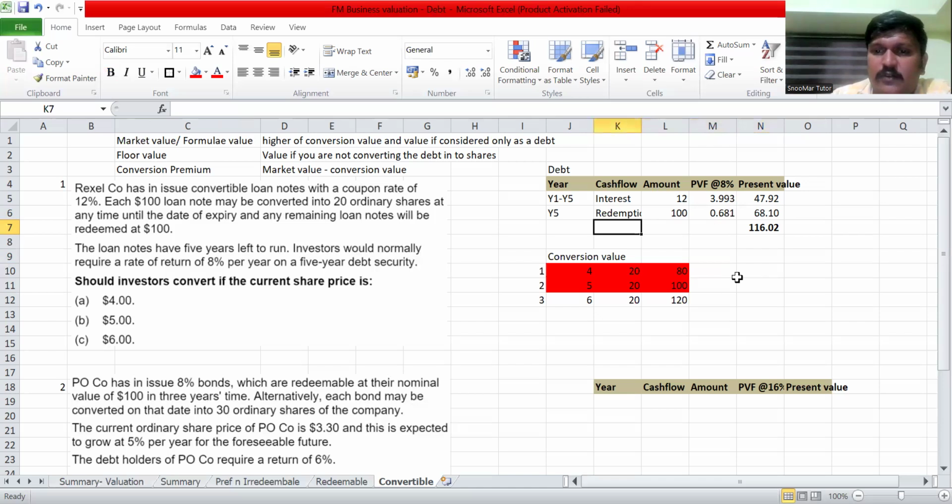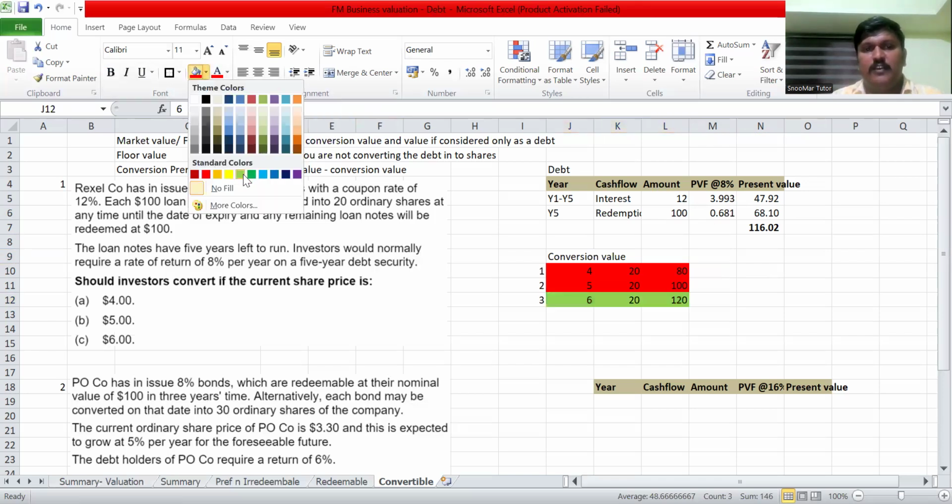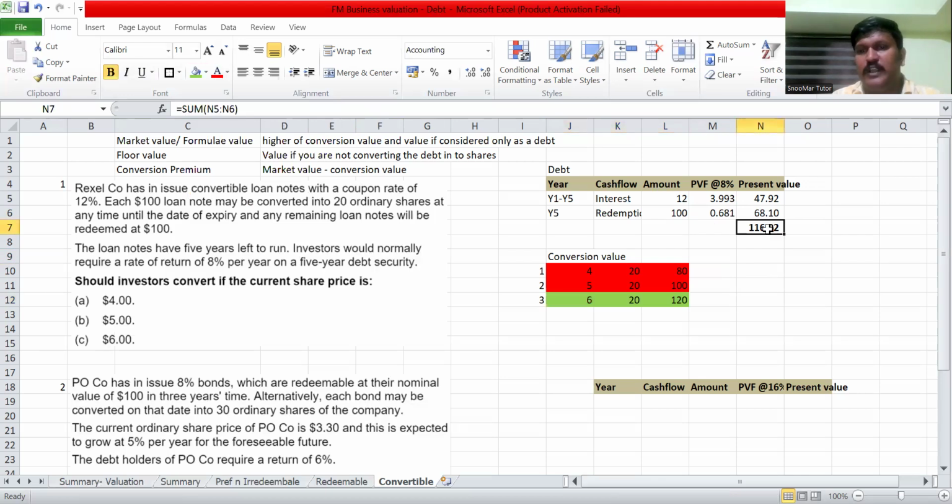Now if you are considering the third case where the share price is 6, it is giving you an indication that rather than holding the debt or redeeming the debt, it is better to convert. So we'll be looking at these particular things to say whether we are converting or not.